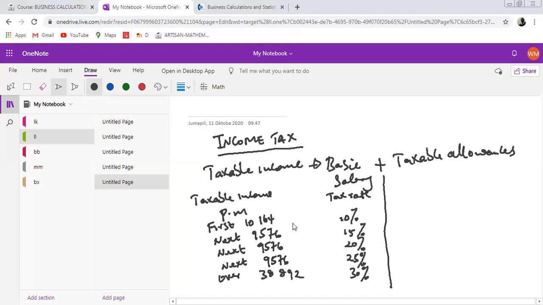This employee was earning a basic salary of 65,050, and he was given a house allowance of 12,000 per month.